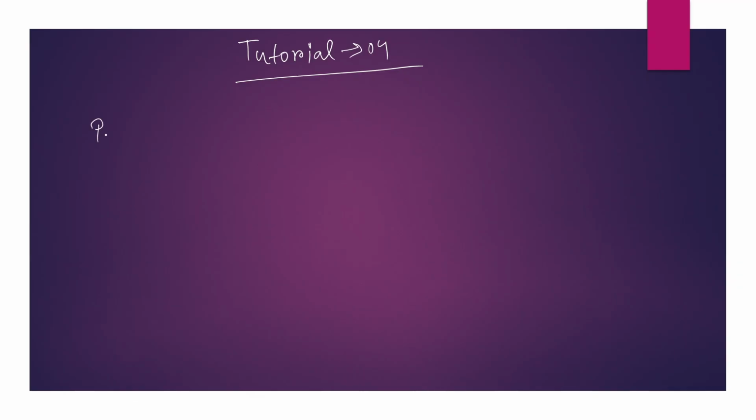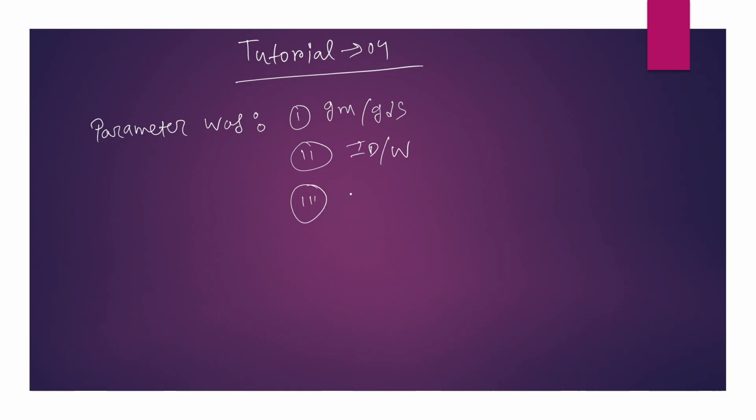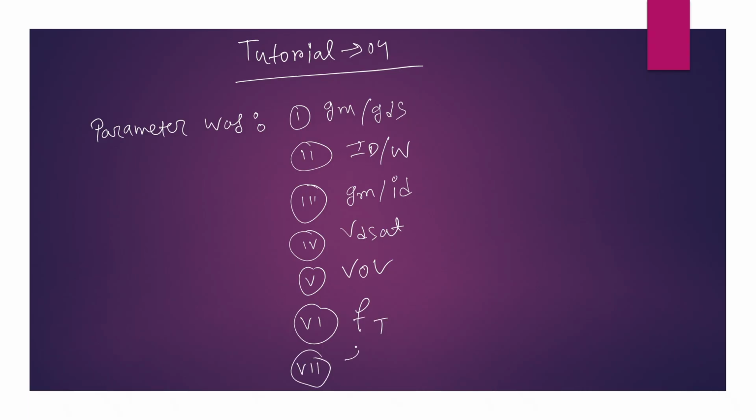So our required parameters were GM by GDS, then ID over W, then GM over ID, then VD set, then VOV, that means overdrive voltage, then FT, then finally FT into GM over ID.